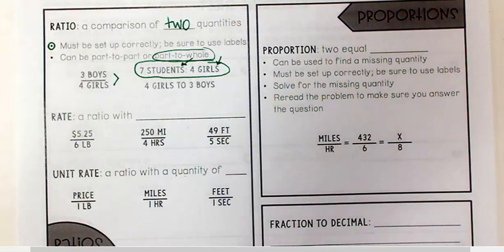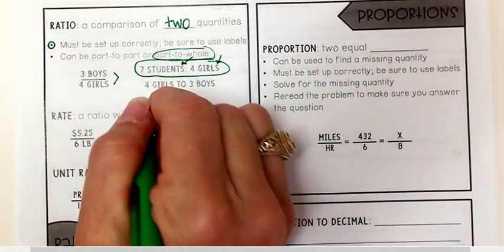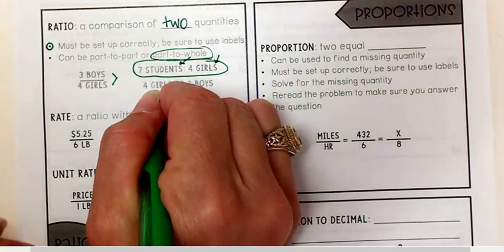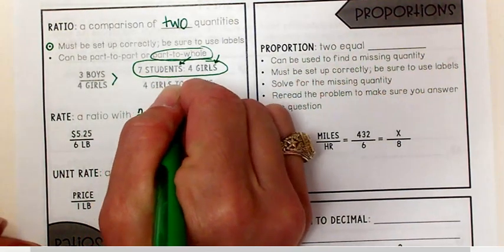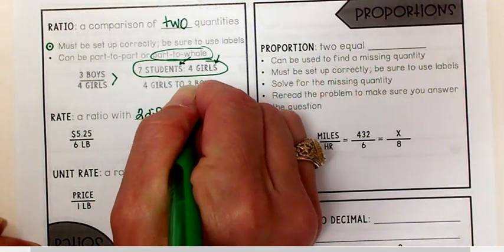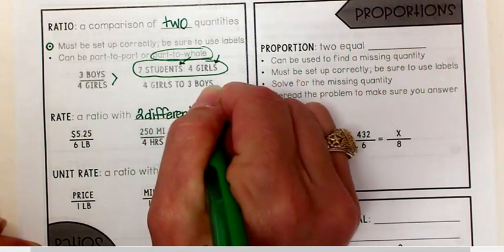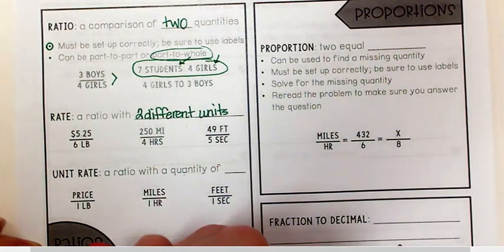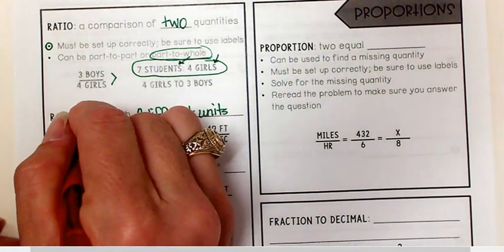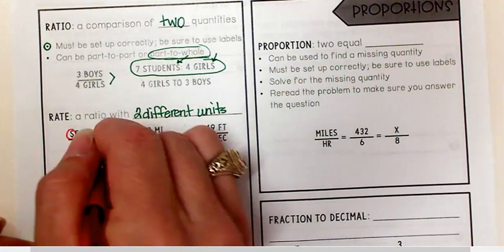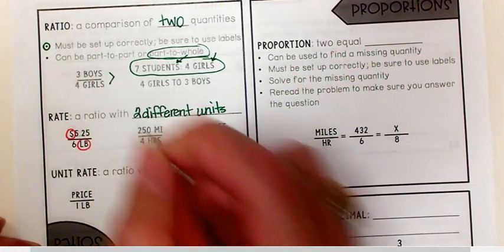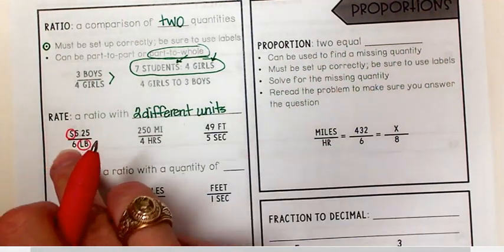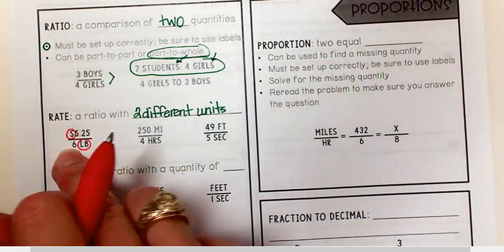A rate is a ratio with 2 different units. For instance, on this one, you have dollars per pound. Those are your 2 different units in this rate.